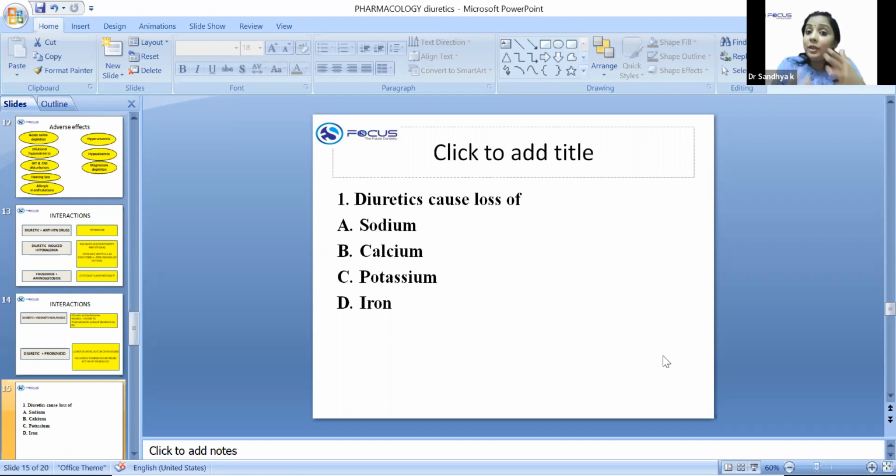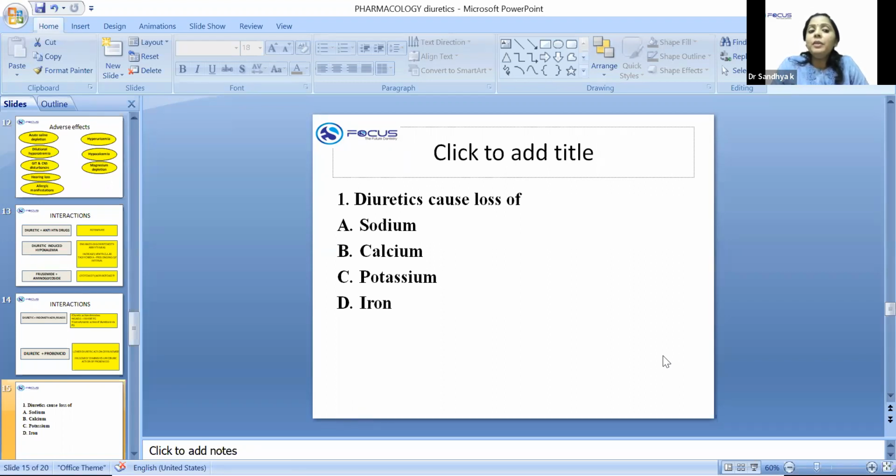Even if furosemide is given in the normal dose, normal duration, there will be loss of potassium from the body. So hypokalemia, in the adverse effects section we discussed hypokalemia. That is one of the worst adverse effects of diuretic.